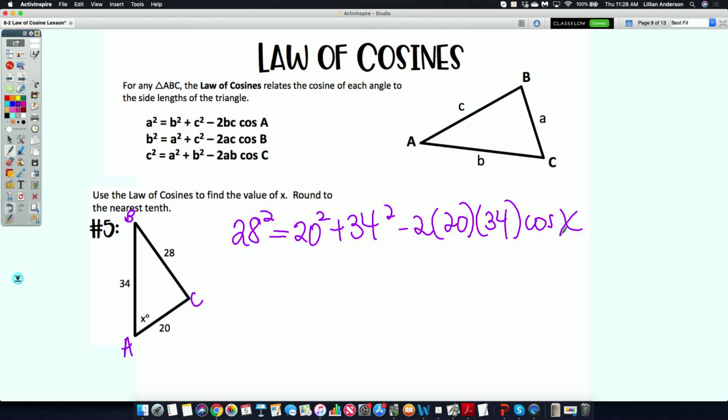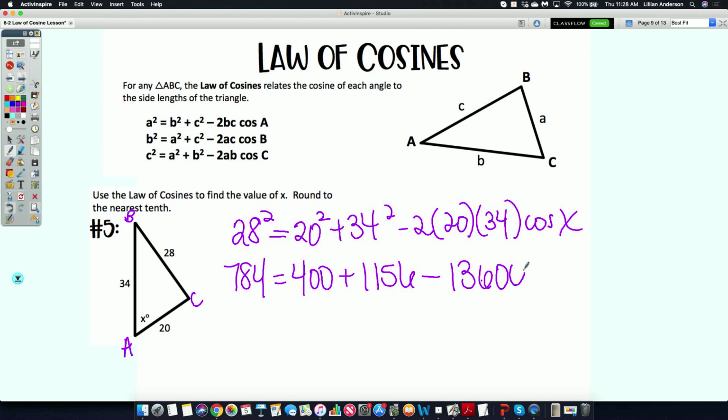Going to have some large numbers here. What's 28 squared? 20 squared is 400, right? Yes. What's 34 squared? 1156. What is 2 times 20 times 34? 1360. So I'm going to need to add those two first numbers together, then subtract them from 784.